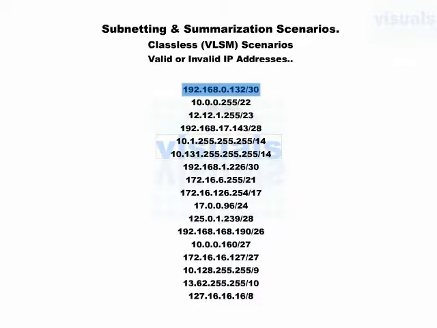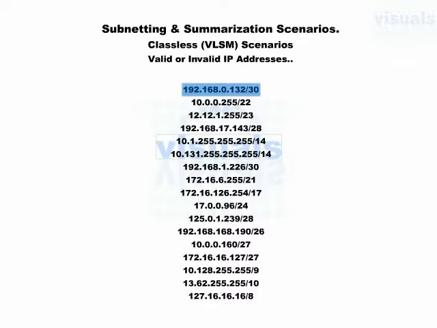Let's start again. 25 bits provide the 128 subnet mask. 26 gives 192, 27 gives 224, 28 gives 240. After that 29 gives 248 and 30 provides us the 252 subnet mask.